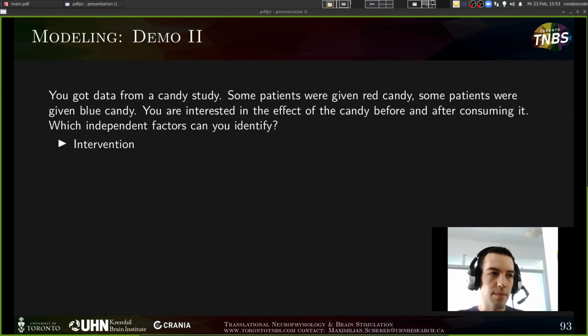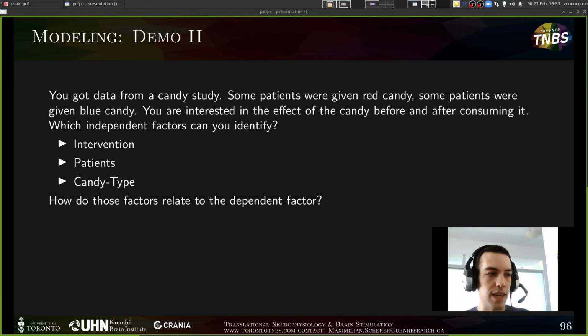And with this setup, of course, we have our intervention, giving the patient candy. We have the individual patients, and we have the candy type, being red candy or blue candy. And then, as with the other two examples, the question is, how do those factors relate to the dependent factor, the effect of the candy?